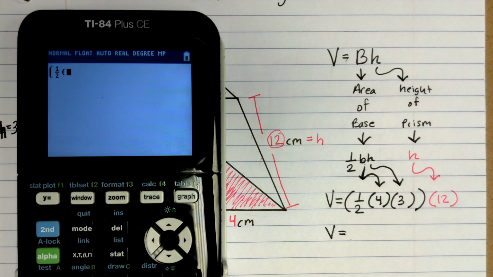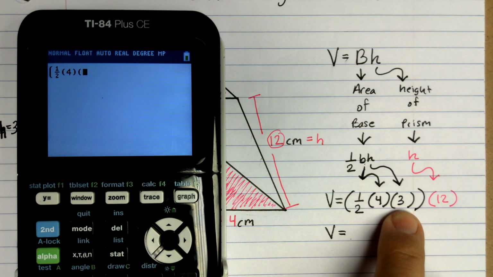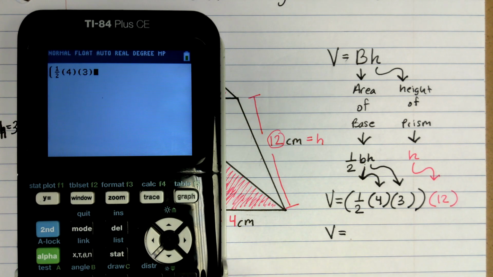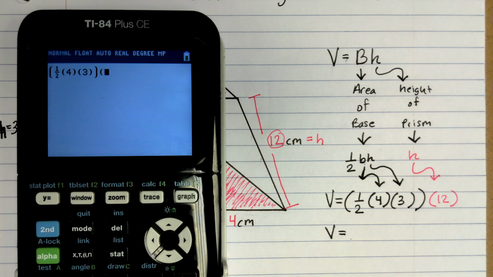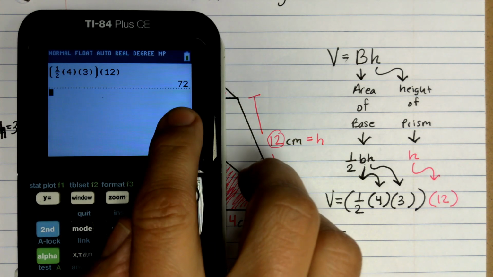And then I'm going to put another parenthesis, and put the base of the triangle, the bottom of it, and then the height of that triangle, which is 3, close parenthesis, and then another parenthesis, and I'm going to put the height of the actual prism, the distance between the two bases, which is 12, and then hit enter, and it gives me 72.